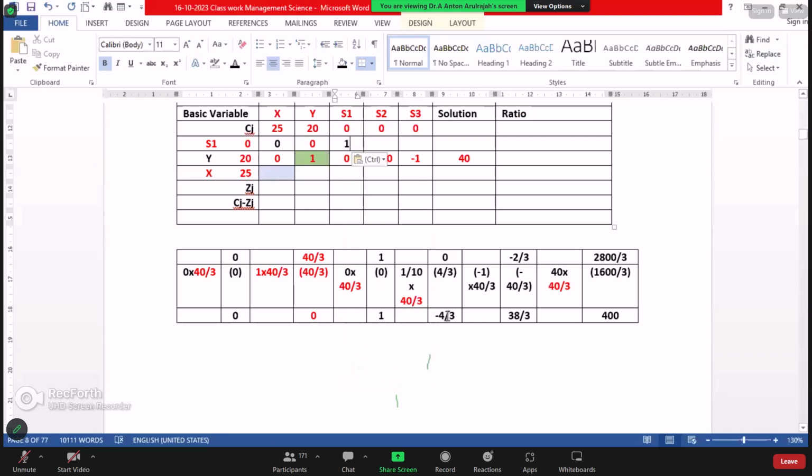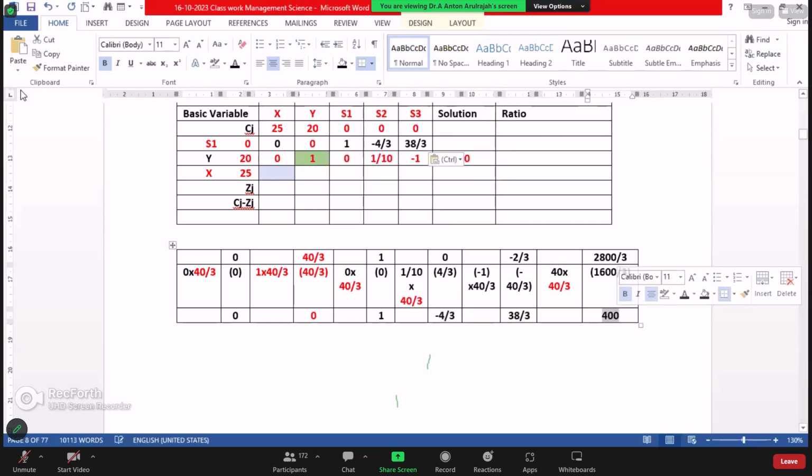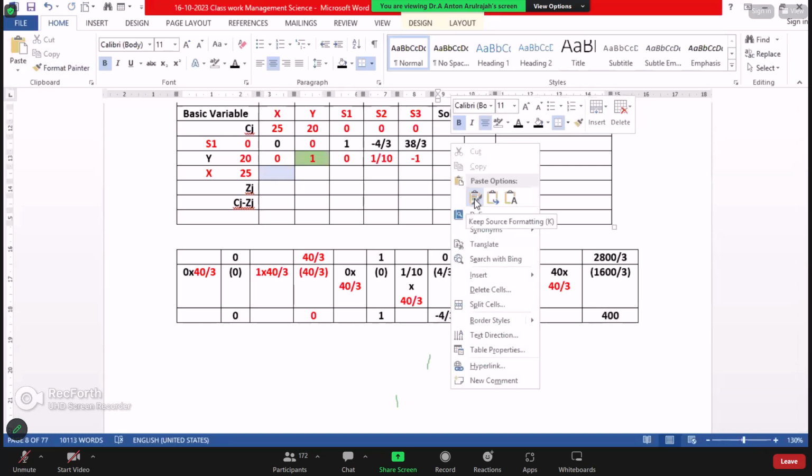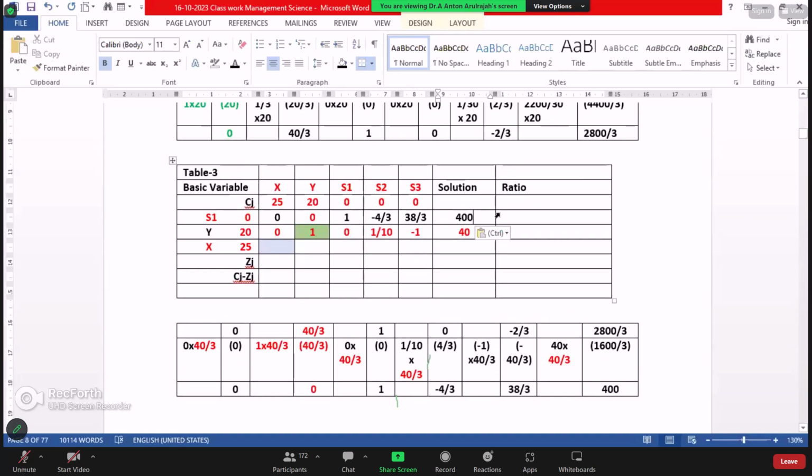This is minus 4 by 3. This is 38 by 3. This is 400. Now you see the material 1, the balance is 400 in the table number 3. This is 40 units in product 2.